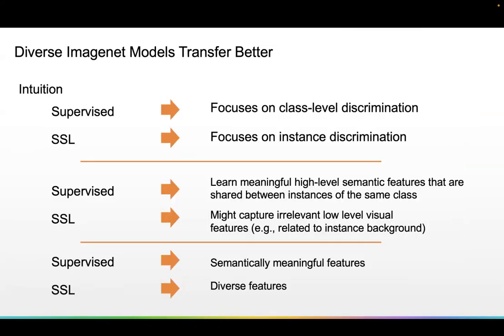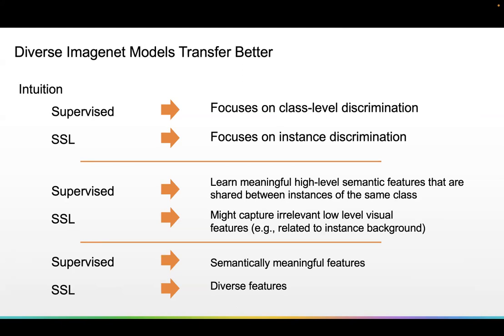The intuition behind that is that while supervised models focus on class-level discrimination, SSL focuses on instance-level discrimination. So while supervised models learn meaningful high-level semantic features that are common to instances of the same class, SSL can capture irrelevant low-level features, for example, related to the instance background, because they focus on instance-level discrimination.